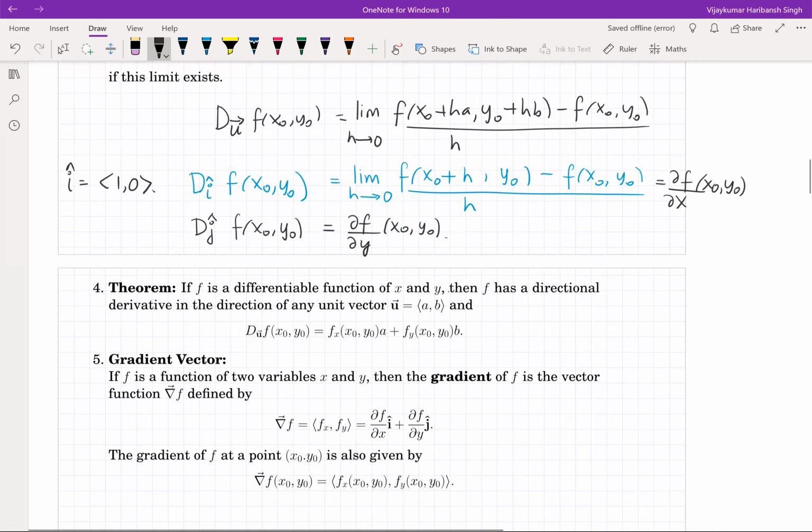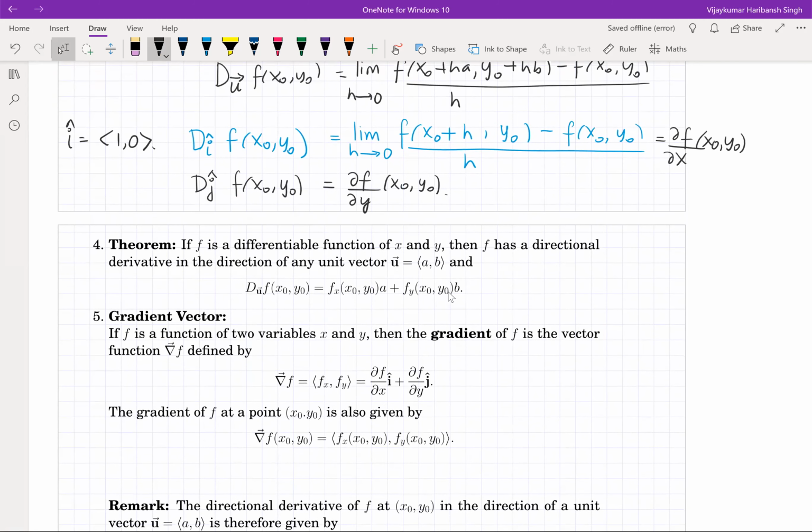If f is a differentiable function of x and y, and u is a unit vector (a, b), then the directional derivative in the direction of u at x naught, y naught is the partial derivative with respect to x at that point times a, plus the partial derivative with respect to y times b.